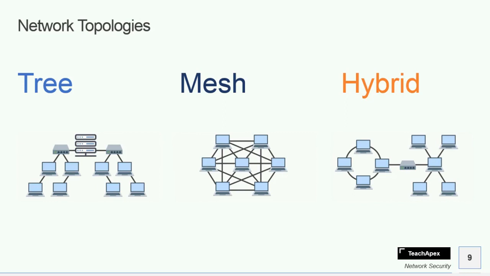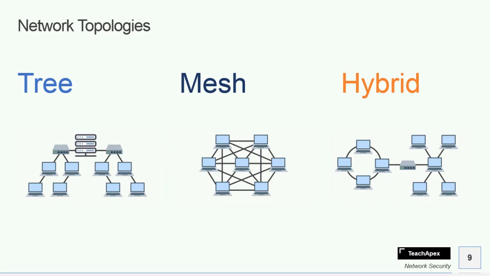Also, you can use either full mesh or partial mesh topology. In partial mesh topology, you connect to as many devices as you want, whereas in full mesh topology, you have to connect all of the devices with each other. So it can be partial mesh and full mesh.